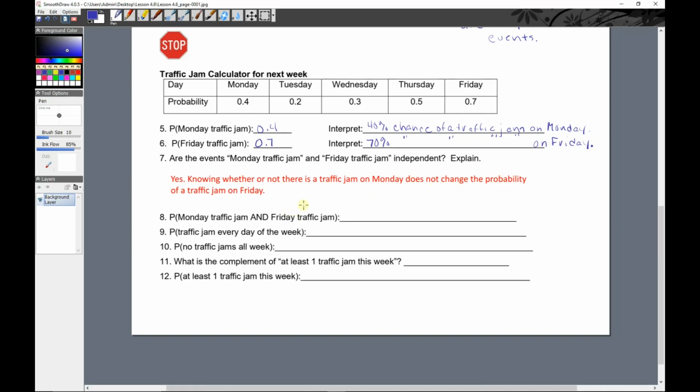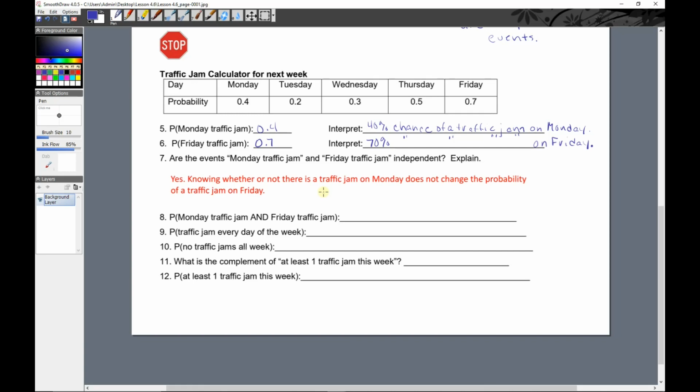So are the events Monday traffic jam and Friday traffic jam independent? Those days are pretty much separated by several other days in between. So knowing that you have a traffic jam on Monday doesn't really tell you much about what's going to happen on Friday. There is a level of argument that you can make on this, like if they're doing long-term repairs and that's creating a traffic jam, there should be a traffic jam all week.